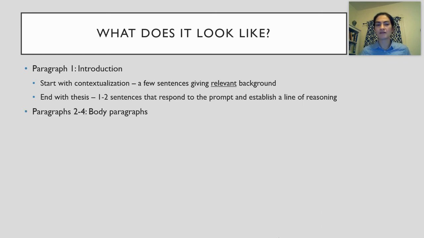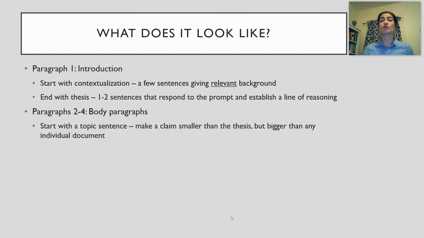Paragraphs 2, 3, and 4, and I'm generally going to counsel you to write 3 body paragraphs, although for some prompts it might be okay to do 2, but generally I'm going to say 3. Paragraphs 2, 3, and 4 are your body paragraphs. This should sound really familiar, and we've done a few of these in class already. You will start with a topic sentence. Please be sure not to jump directly into the analysis of a specific document in your topic sentence.